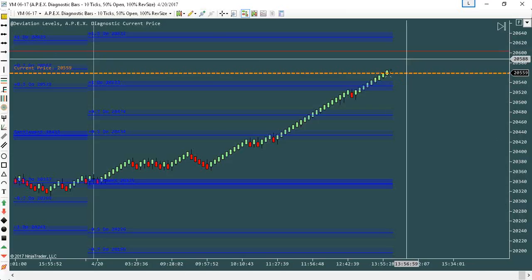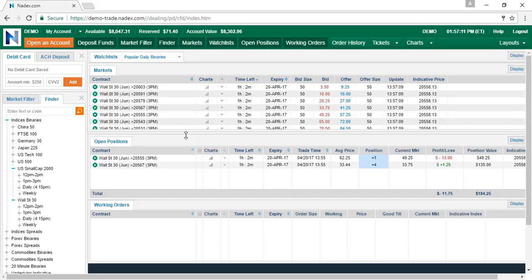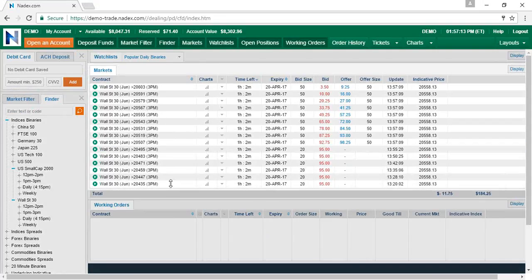Okay. So if I think the market's going up about 25 points, how far are these strikes apart? About 12 points each. So 12 times 2 would be 24. So if I thought the market was going to move 25 points, that basically means any of these binaries that I would buy, okay, the value difference would be the difference of 2 strikes down.